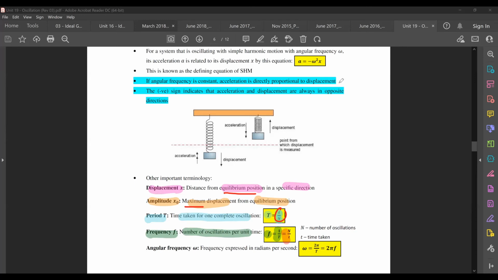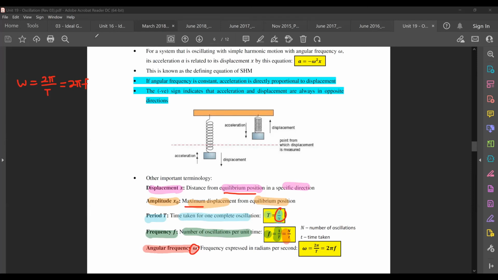Now, the last terminology here, angular frequency, is where it's kind of new for you. Now, you have seen this symbol before, omega. Omega is 2 pi over T equals 2 pi f.